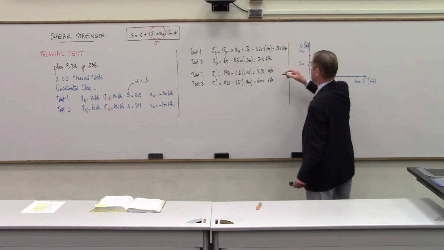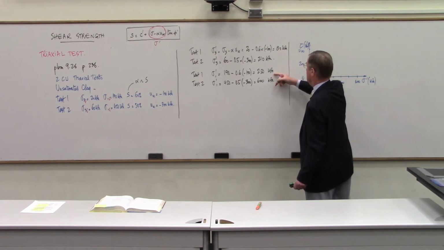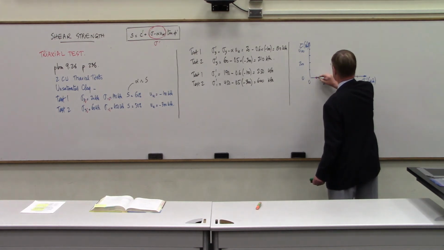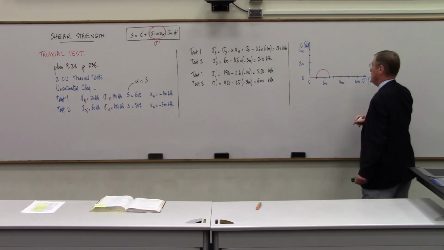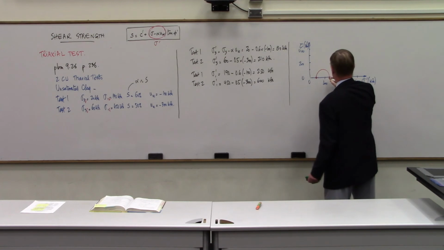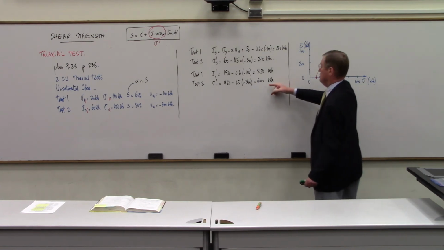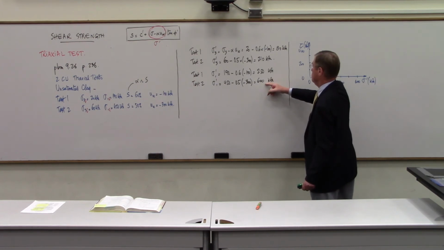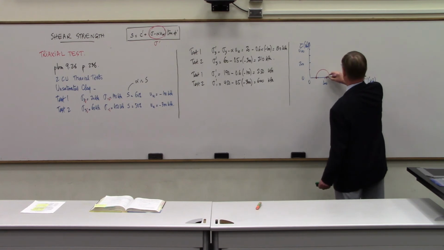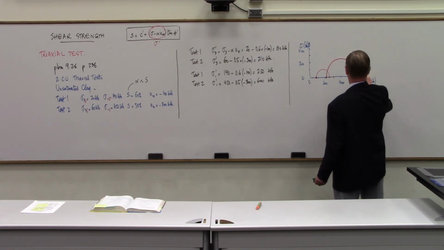And then I've got sigma prime 1 at 250. Here is circle number 1. And then circle number 2. Test 2, sigma prime 3, 210. Right about here. And then circle number 2 at 600. Right here.